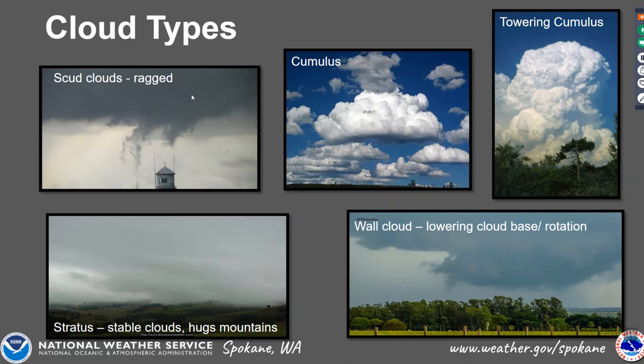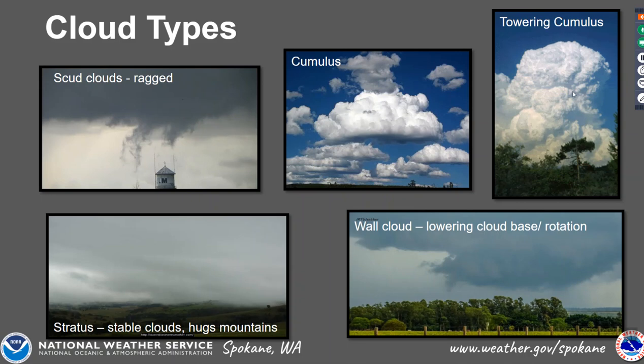We can also see scud clouds. Sometimes people mistake that for maybe a funnel cloud, but that's just clouds kind of developing, moving through. It could be maybe a little bit of virga coming out of this cloud or something. We see cumulus all times of the year. Those are just clouds that typically look like cotton balls, and they typically don't have any severe weather associated with them.